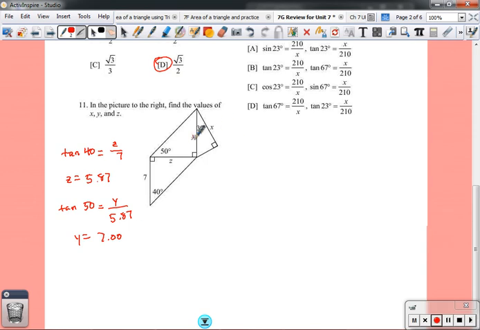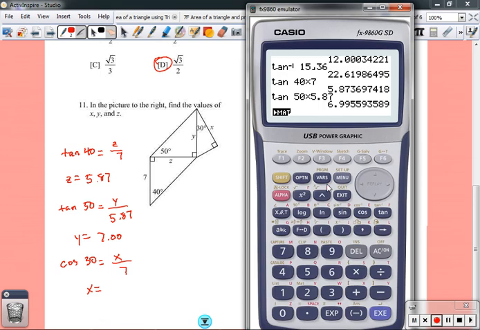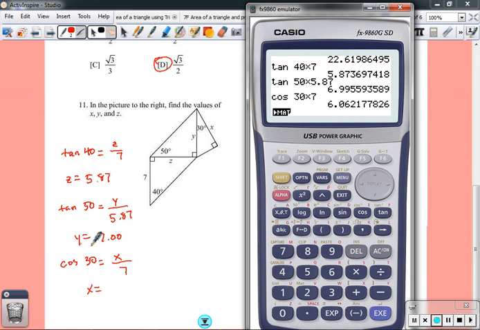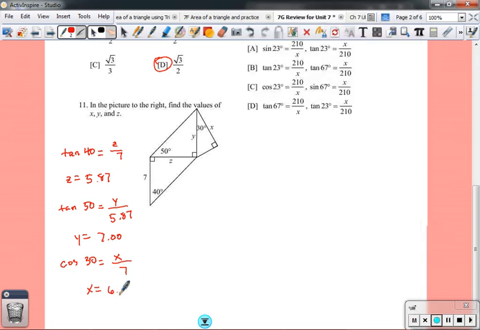And then here, this is the hypotenuse of this triangle, so I'm going to use the cosine of 30. This is the adjacent, that's the hypotenuse, so x over 7. So it's the cosine of 30, and that is 6.06.